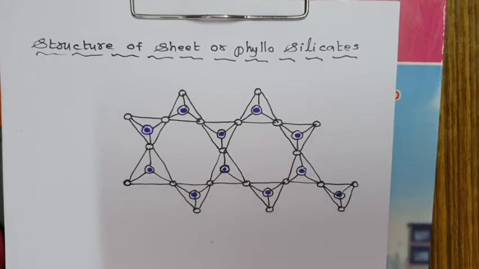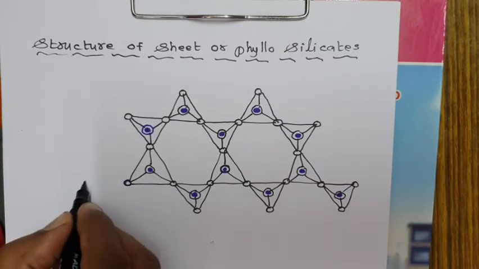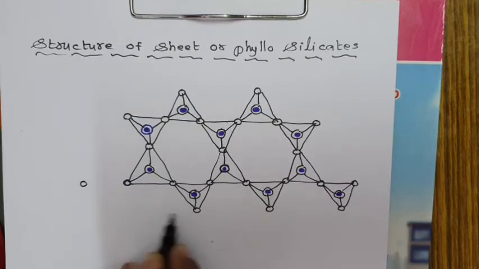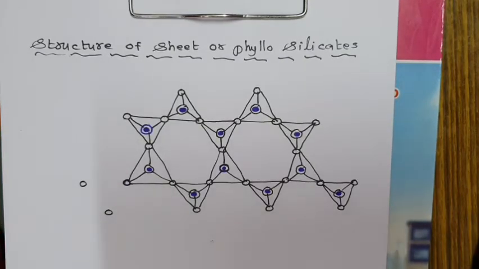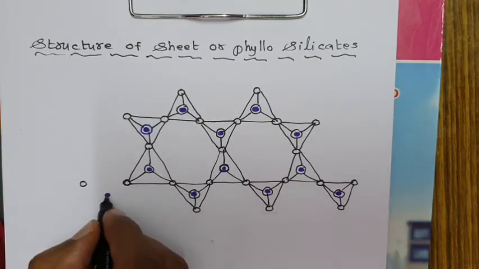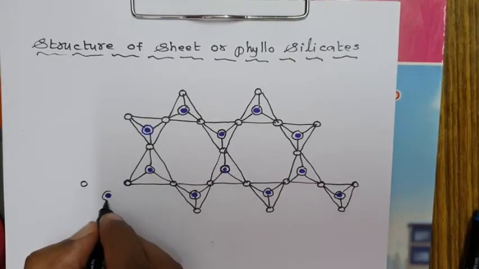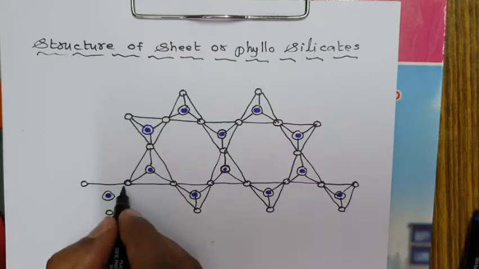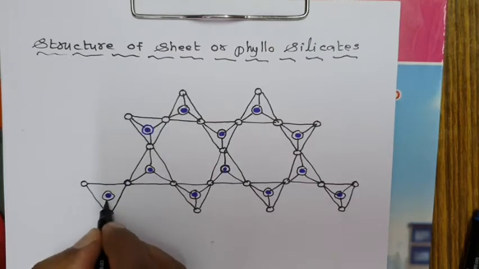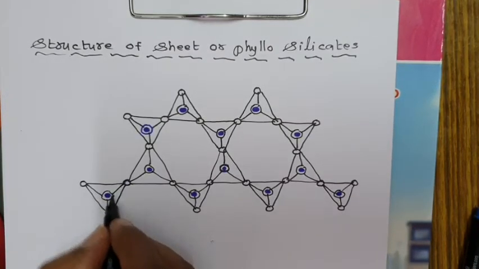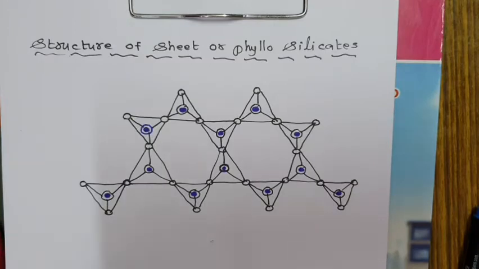This is one sheet. To draw another sheet, starting from this one: oxygen, oxygen, center one silicon surrounded by oxygen. Slowly the double or pyrosilicate is formed.